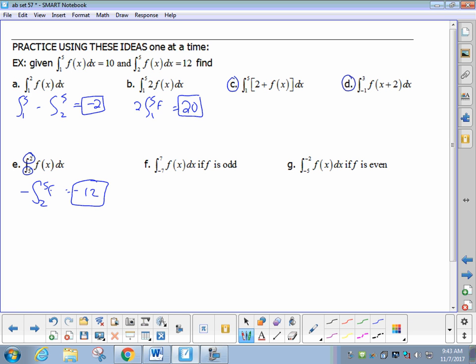Okay, what about F? 0. If f is odd, then the positive area and negative area are perfectly symmetric and should cancel out, so that's 0. And what about G? 12. It's positive 12 because the region from -5 to -2 would be equivalent to 2 to 5. So it is 12.